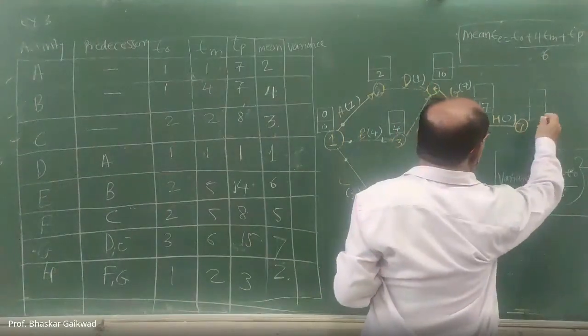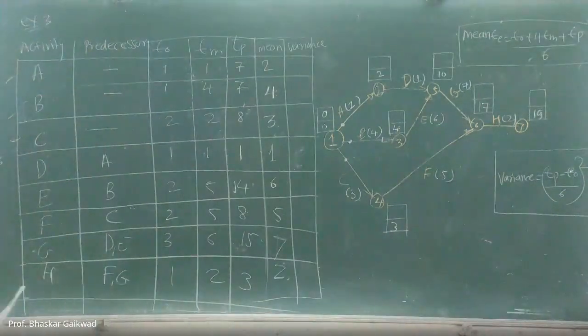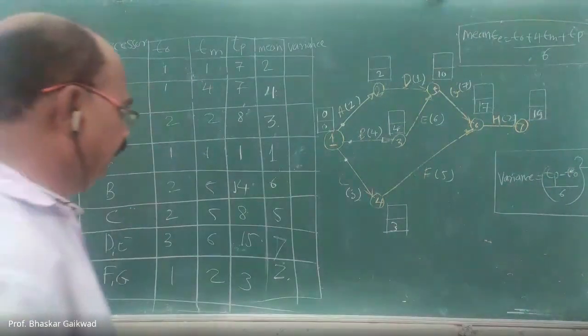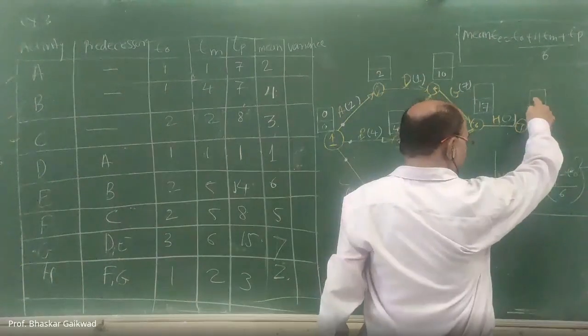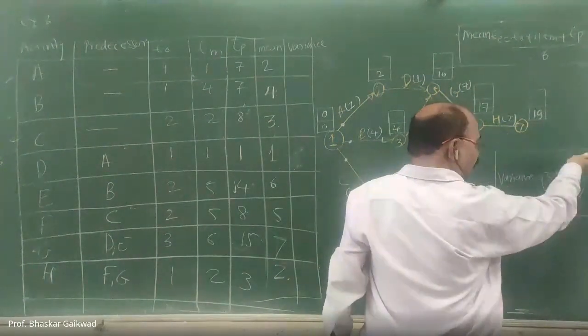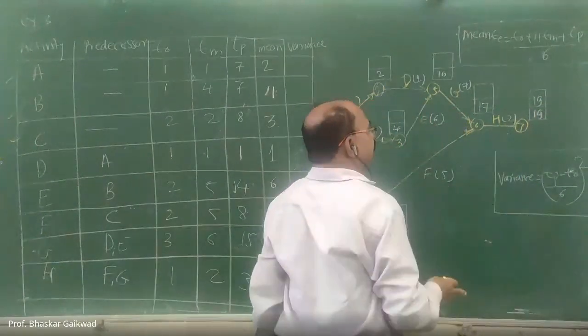And after that here you can write 19. Okay. So this is the earliest start time for each node or event. After that, the latest and earliest times at the last node will be the same.